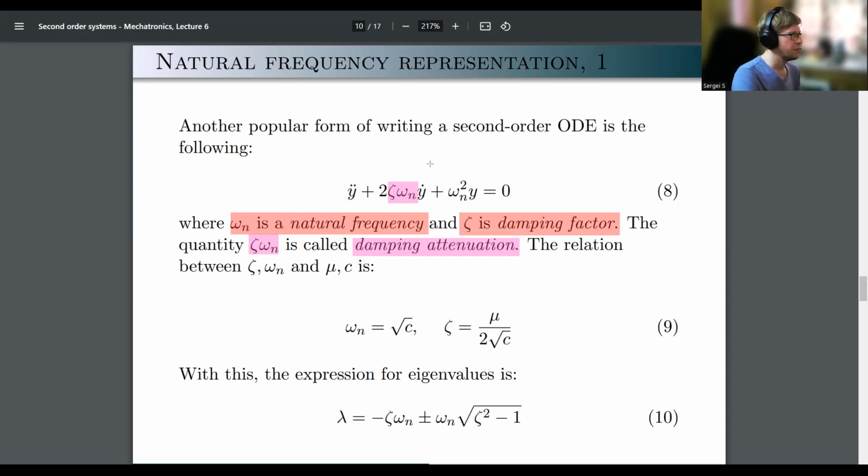Those two parameters, okay? So omega and zeta are related to our old parameters mu and c as, so they're related as omega is equal to the square root of c and zeta is equal to mu divided by 2 square root of c.